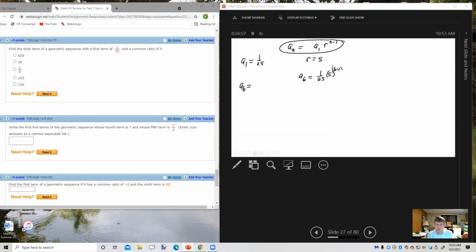The n minus 1 power, remember that n is 6 for this example, which is 1/25 times 5 to the 5th power, okay, which is, let's see here, 1/25 times 5 to the 5th power is 3125/25, and 3125 divided by 25 comes out nicely to 125. So here we go.